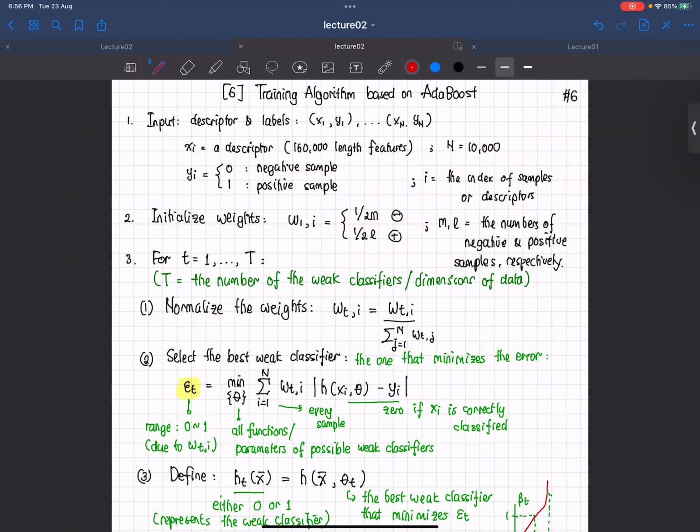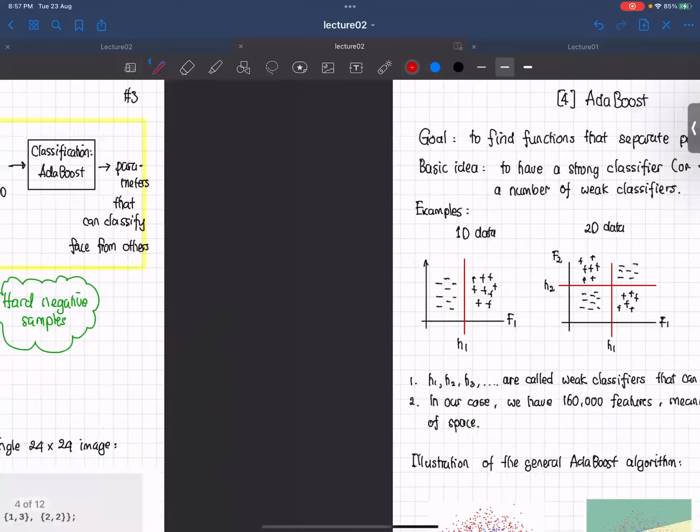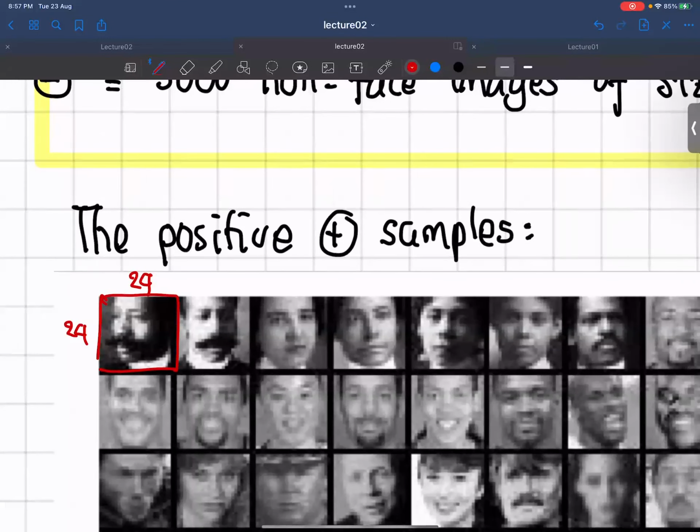But it's not necessary to be 160K because most of the time, if you look at the image here, 24 by 24, the first feature 1 by 2 is a blank, non-face region. Many of these are non-face regions, so the most corner of the image is useless. Actually, 1 by 2, most of them are useless.